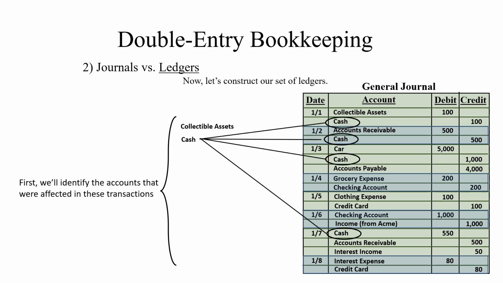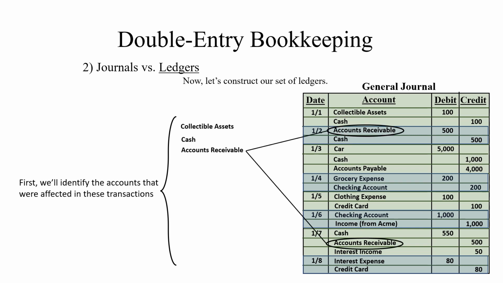Cash is an asset for obvious reasons. In our example, there were 4 transactions that affected the cash account. Accounts receivable represents money that is owed to you. It's an asset if the debtor is legally, contractually obligated to pay.